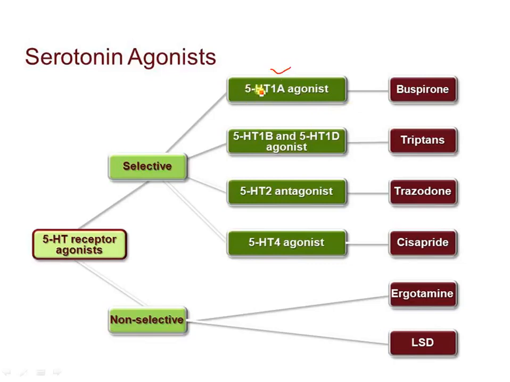Types of serotonin receptors: 5-HT1A, 5-HT1B, 1D, 5-HT2, 5-HT4. These are the agonists with examples. Examples: buspirone, triptans, trazodone, cisapride, and these are the selective 5-HT receptor agonists. These are non-selective: ergotamine and LSD.